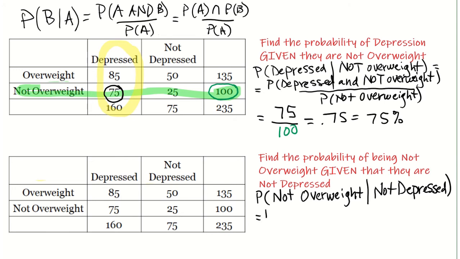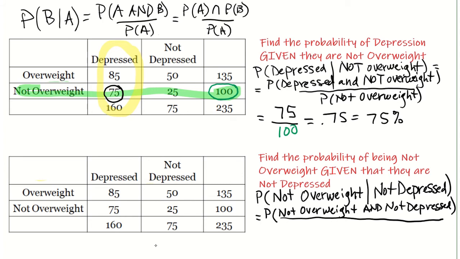So that is going to be the intersection of the probability of not overweight and not depressed, all divided by the probability of not depressed.